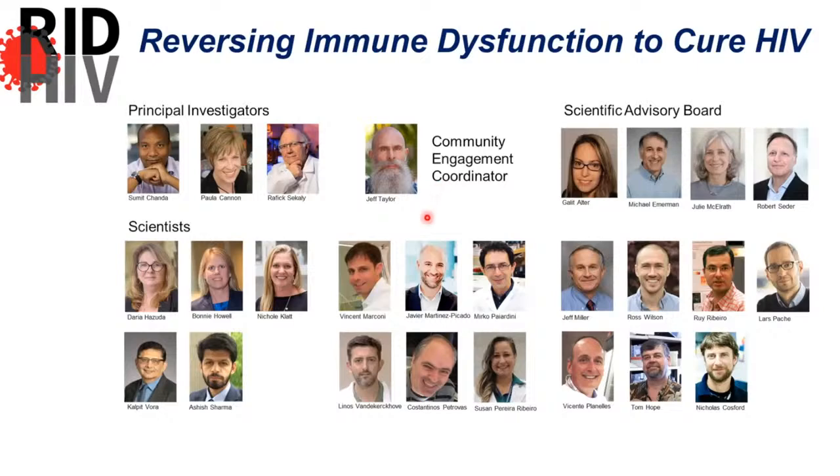Here's Jeff as our community engagement coordinator. We have an amazing scientific advisory board, but the bulk of what we're doing is down here by this amazing group of scientists, and of course all the scientists in their labs, and we are all laser focused on understanding and reversing the immune dysfunction that is a block to curing HIV.